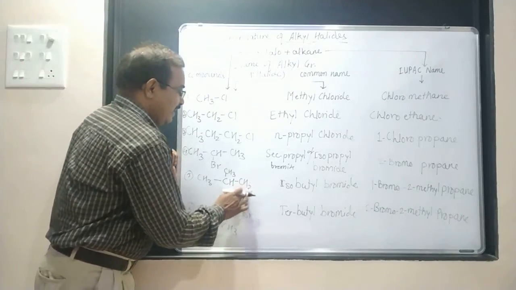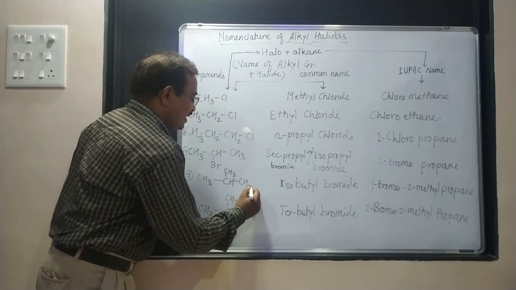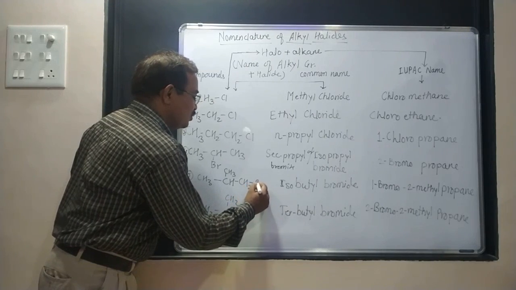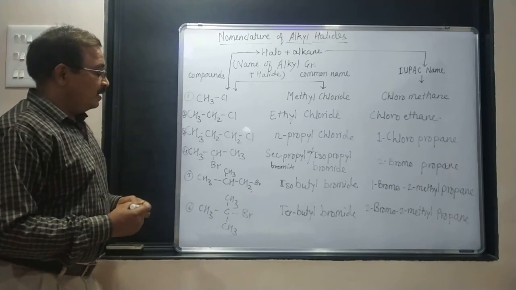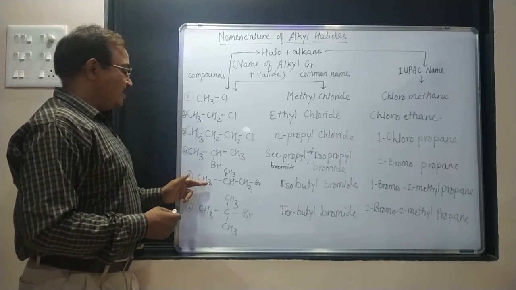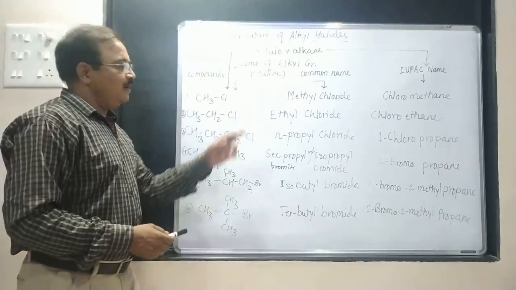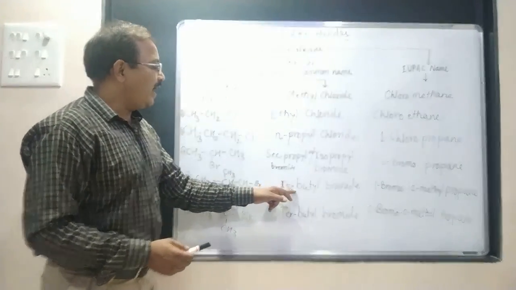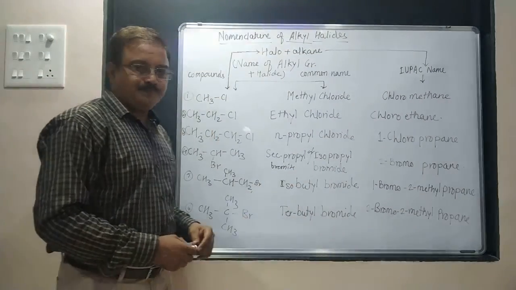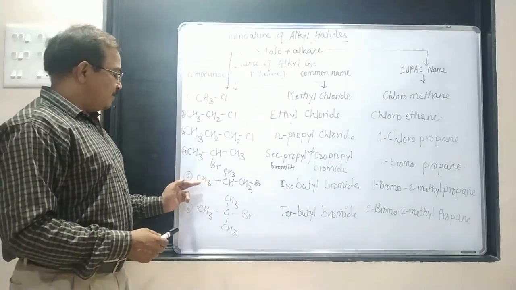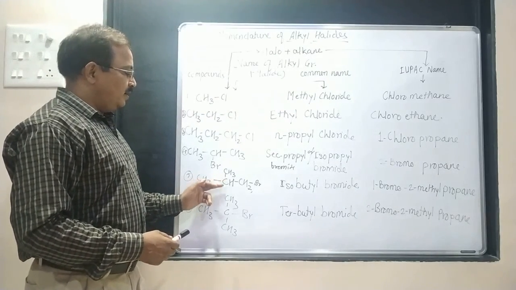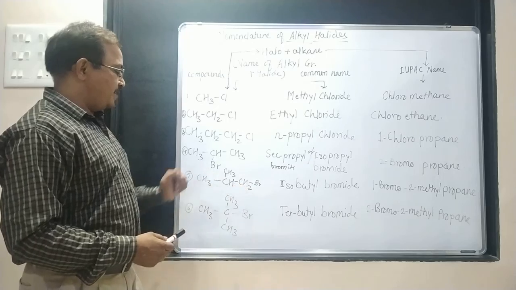So when a primary hydrogen atom of this isobutane is substituted by bromine, the name of this alkyl group will be isobutyl and the common name of the alkyl halide will be isobutyl bromide. So in this fifth compound you have to pay a little more attention.